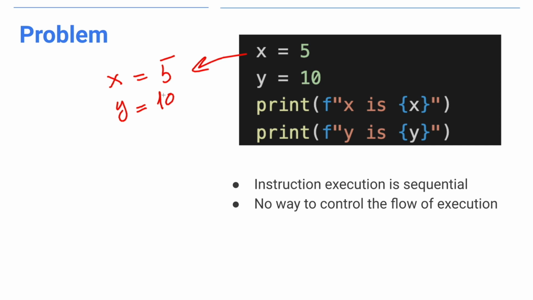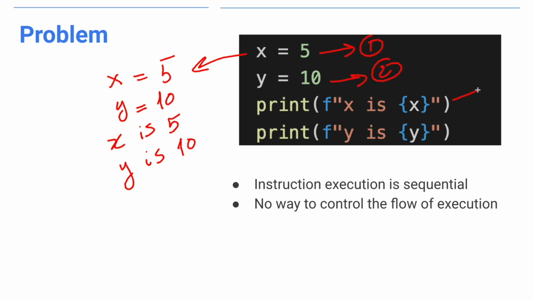The third statement, you're just going to print x is, and then the value of x, which is 5. And then the last statement, it will be y is, and then the value of y is 10. So as you can see, Python just executes the first statement, second, third, and fourth, sequentially.